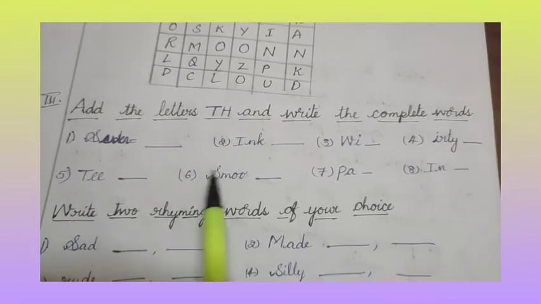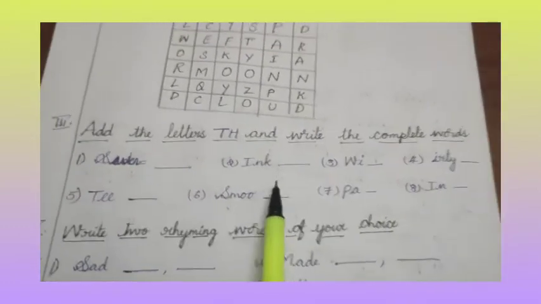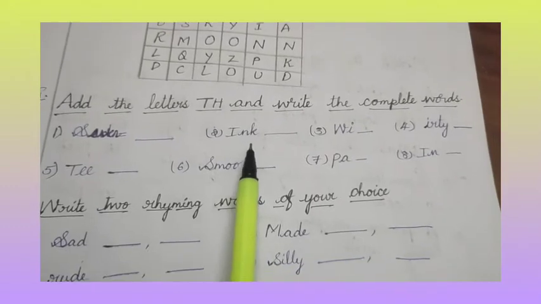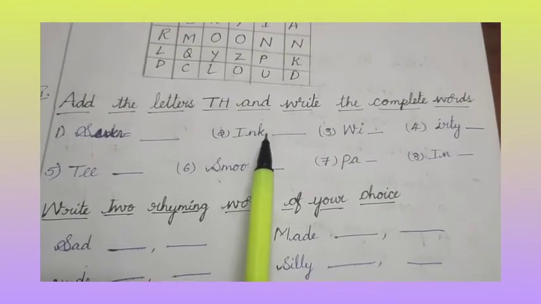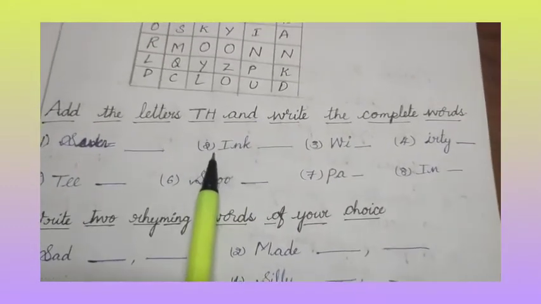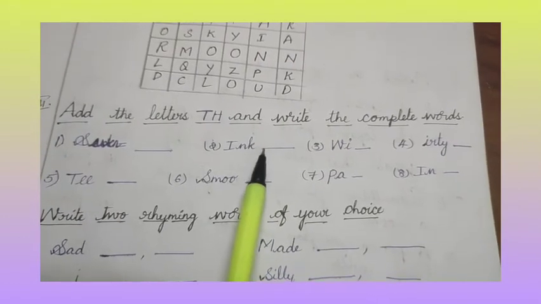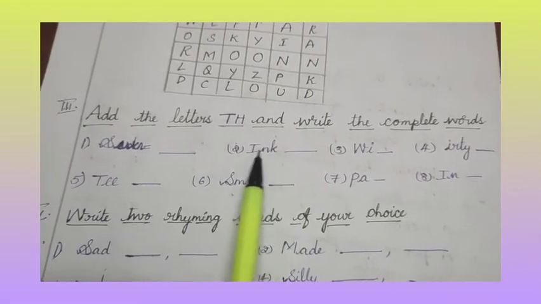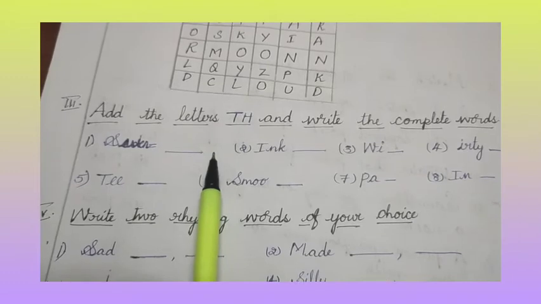So here they have given some words. For those words you have to add TH, whether it is before the word or after the word, and you have to write the full word in the given blank.